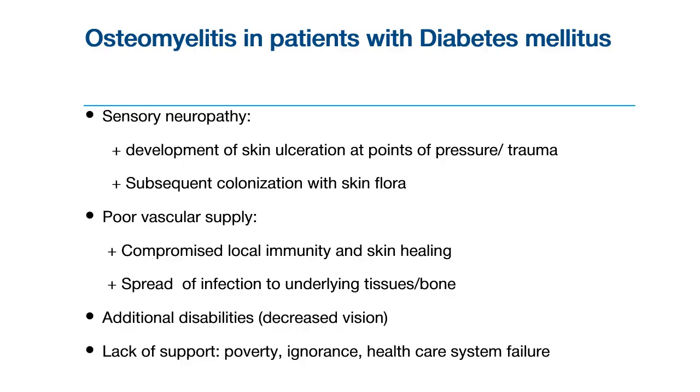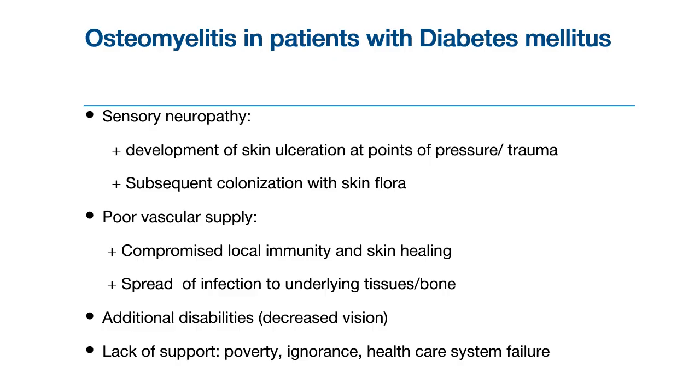Osteomyelitis in patients with diabetes mellitus is multifactorial. Patients with diabetes mellitus will have a sensory neuropathy. They may not feel the pain or heat as normal persons, and they may develop skin ulceration at point of pressures or trauma without noticing it.